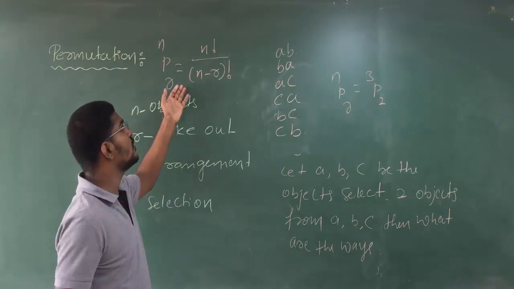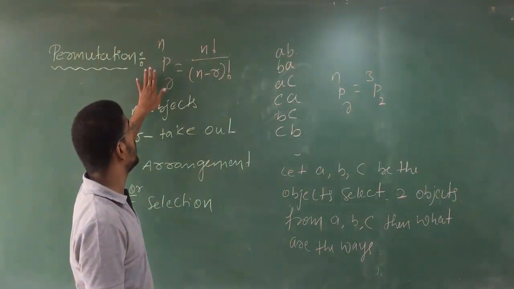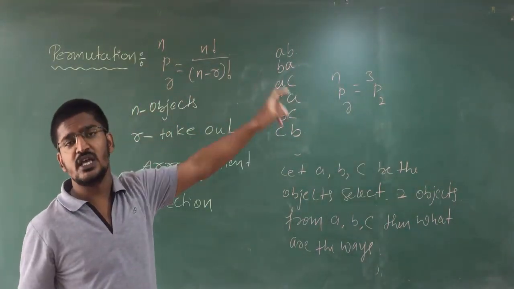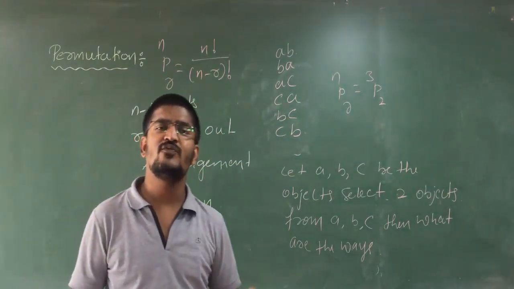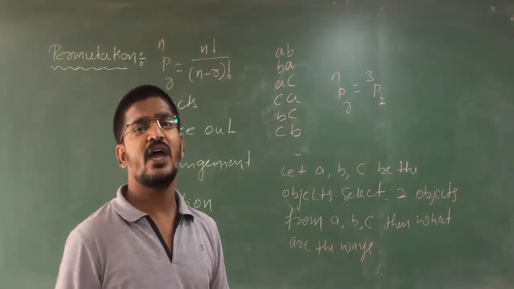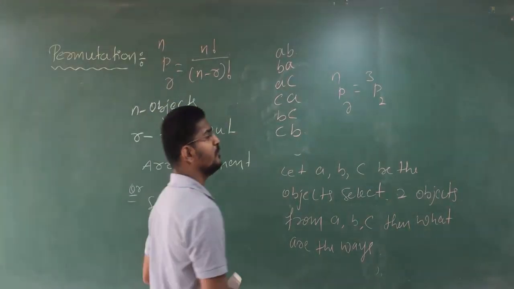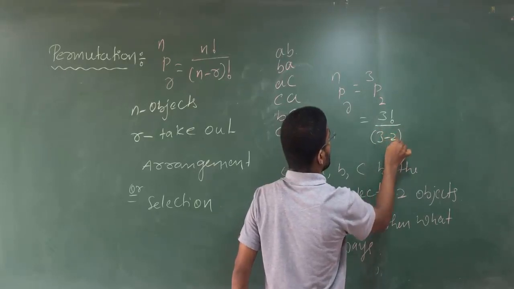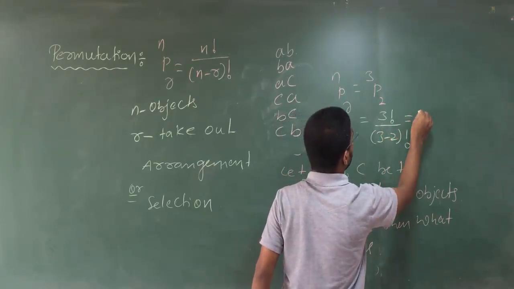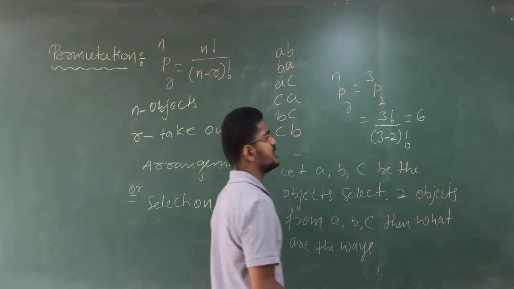I am not going to solve this in detail. Directly I am going to write the formula to use in our problems. So please remember this, NPR equal to n factorial divided by n minus r factorial. So that will be 3 factorial divided by 3 minus 2 factorial. So therefore this will be 6.